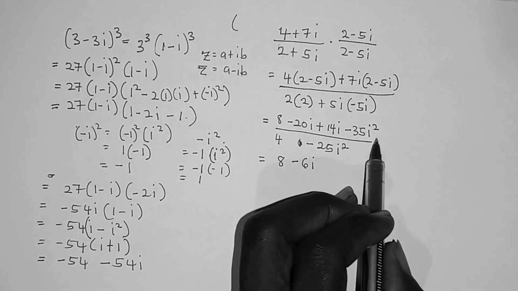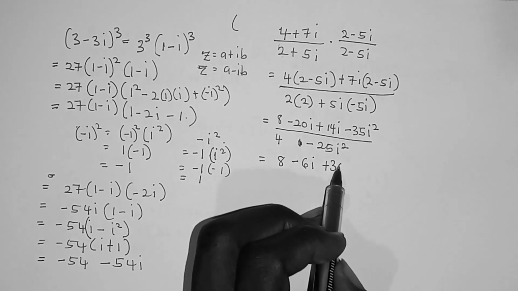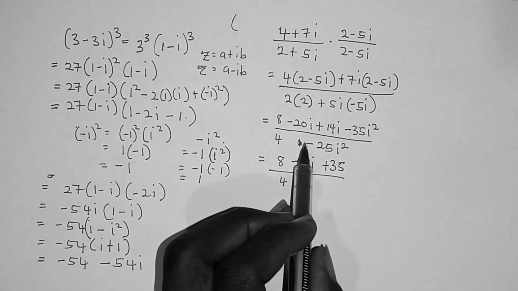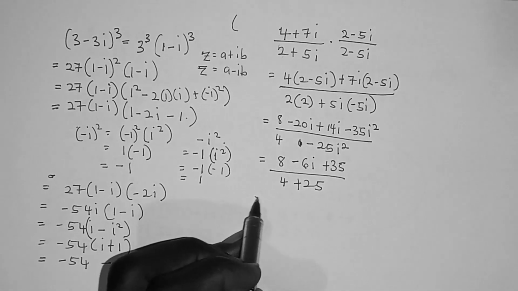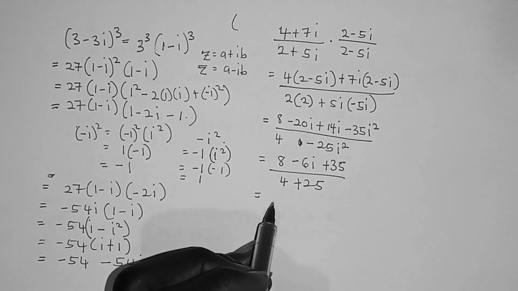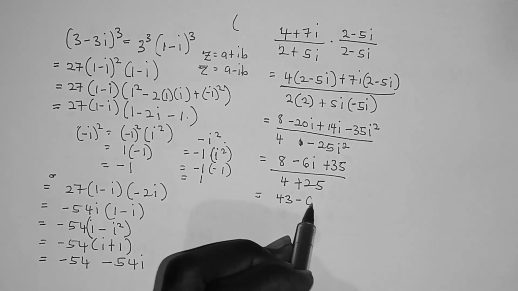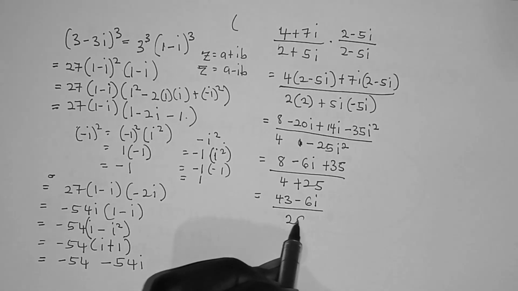Remember, we said i squared is minus 1. So it's minus minus 35, it becomes plus 35 divided by 4. Then minus 25i squared is plus 25. This is equal to 8 plus 35 is equal to 43 minus 6i divided by 4 plus 25 is 29.